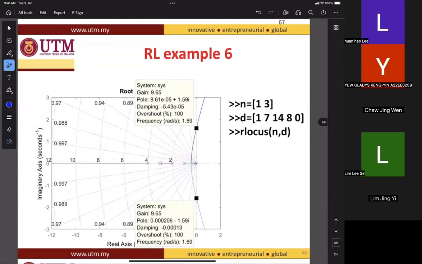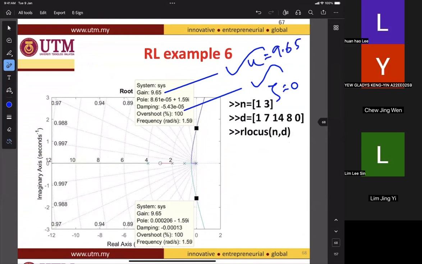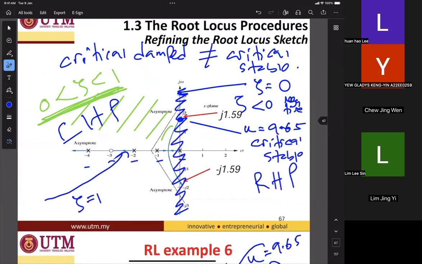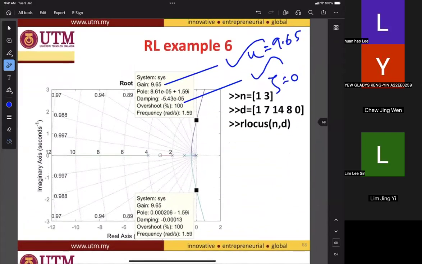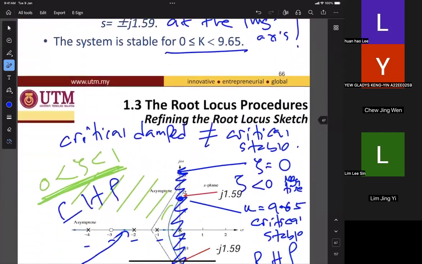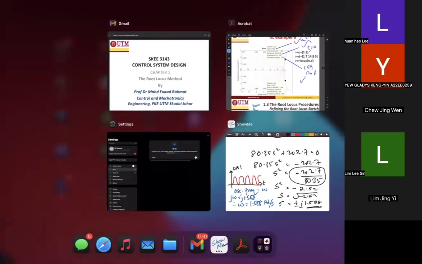The gain is 9.65, the damping is 0, and the frequency is 1.59 radian per second. The computer is more accurate because it uses interpolation, but it is the same as what we calculated just now on the whiteboard.